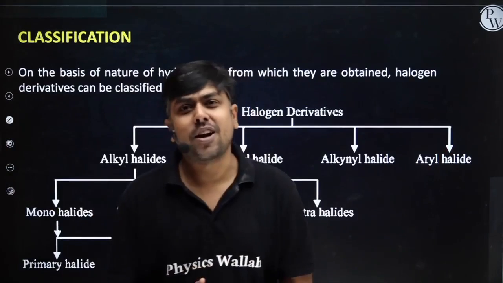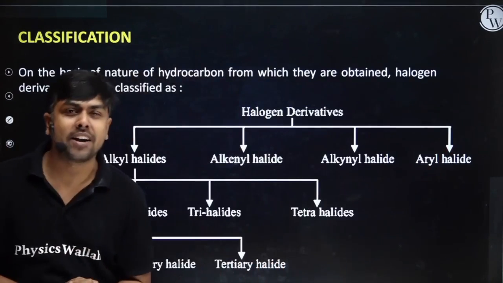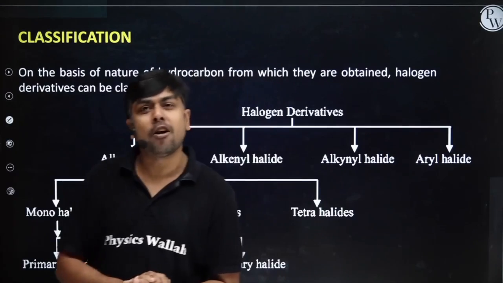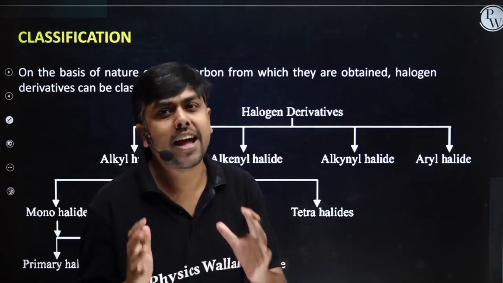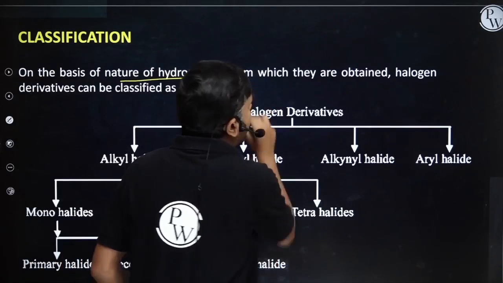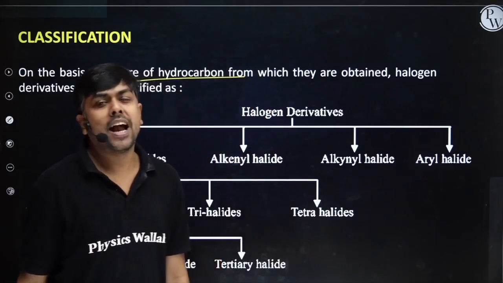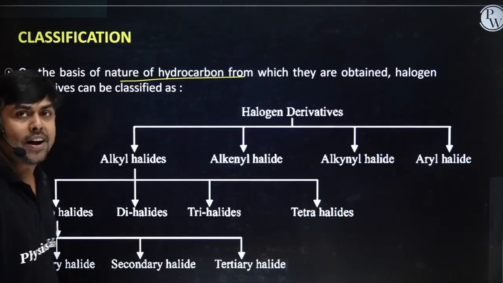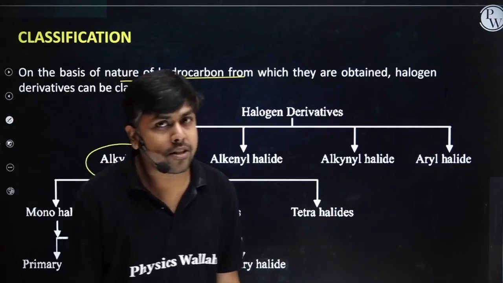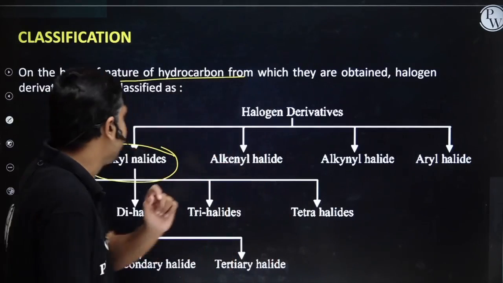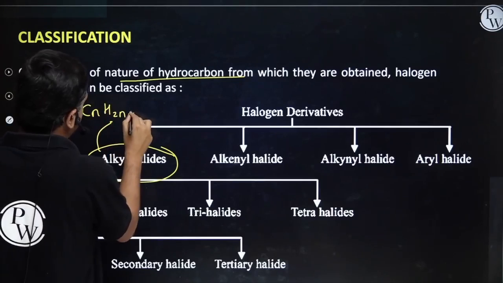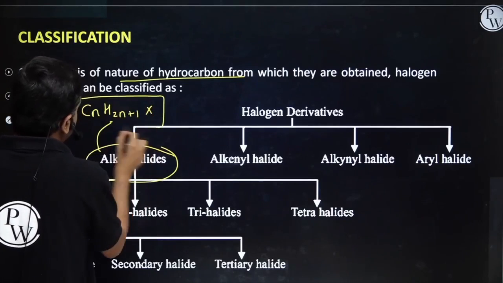Now let's talk about the classification of alkyl and aryl halide. On the basis of nature of hydrocarbon from which they are derived, halogen derivatives are classified. If the halogen derivative is obtained from alkane family, they are alkyl halides and will have a general formula CnH2n+1X, right?